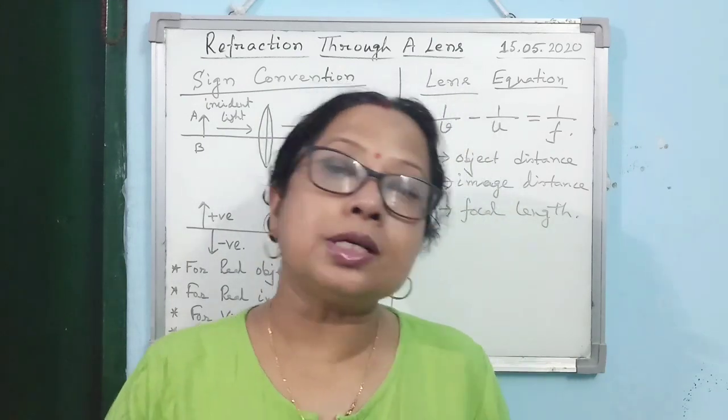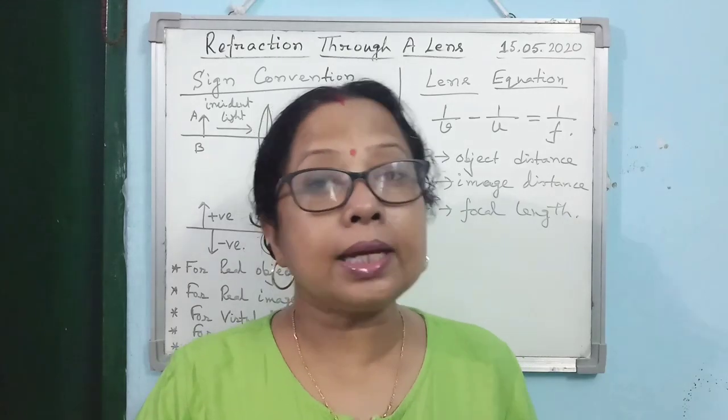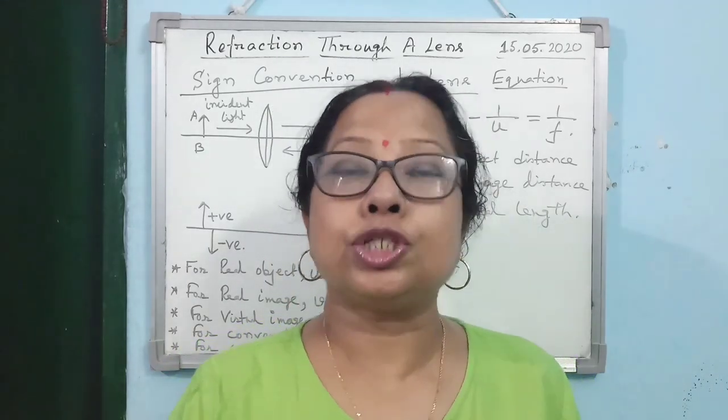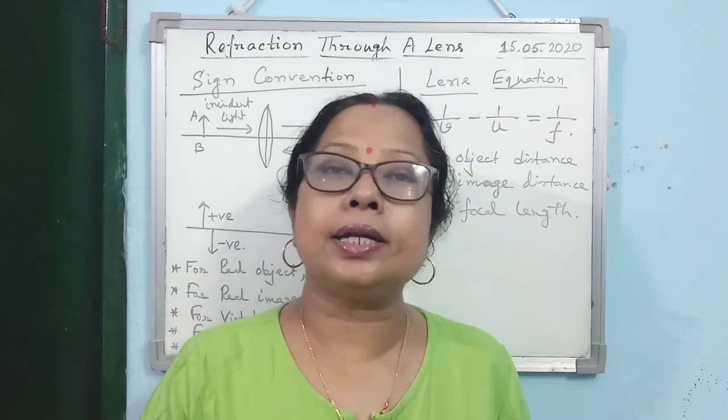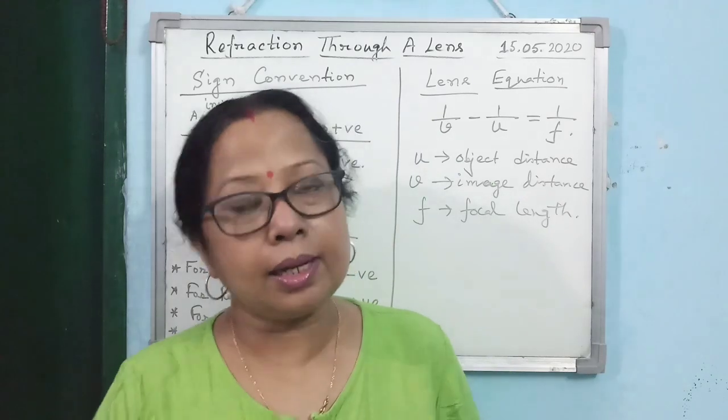So what is the first point of sign convention? All the distances should be measured starting from the optical center of the lens. Clear?